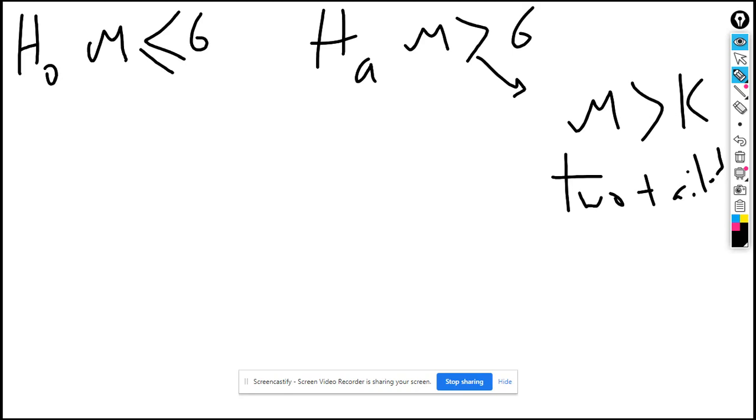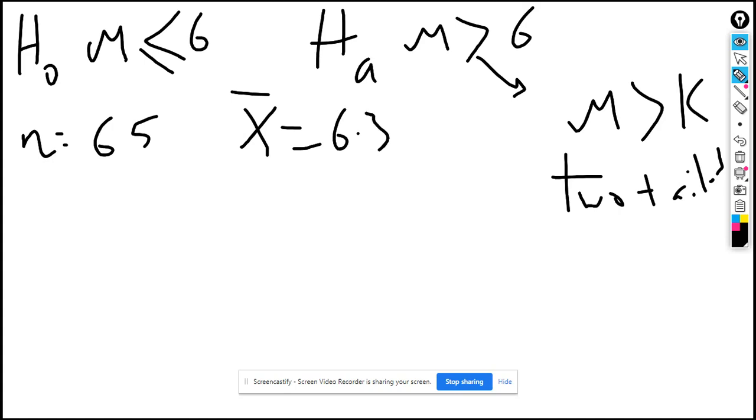I'm going to continue. Using a sample of 65, so n is 65. They found the mean x bar is 6.3 with a standard deviation of 1.1 minute, and a significance of 5%. So 5% means 0.05.